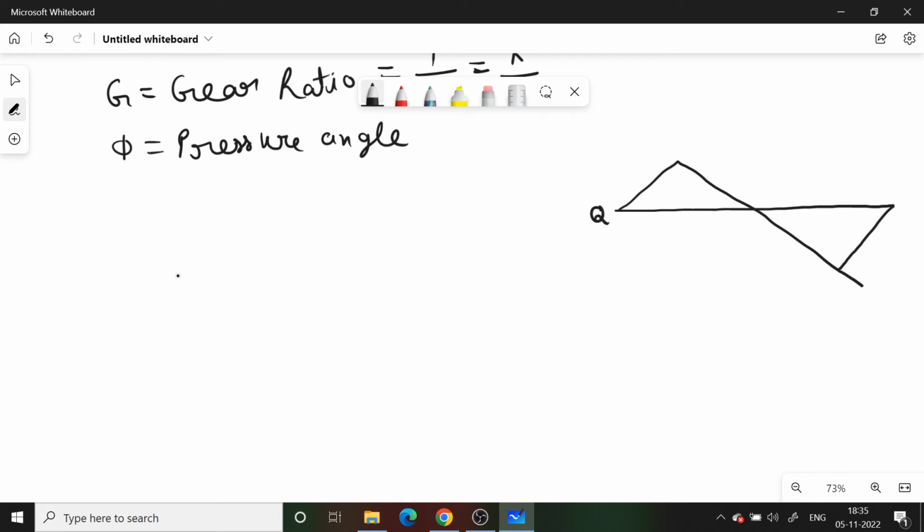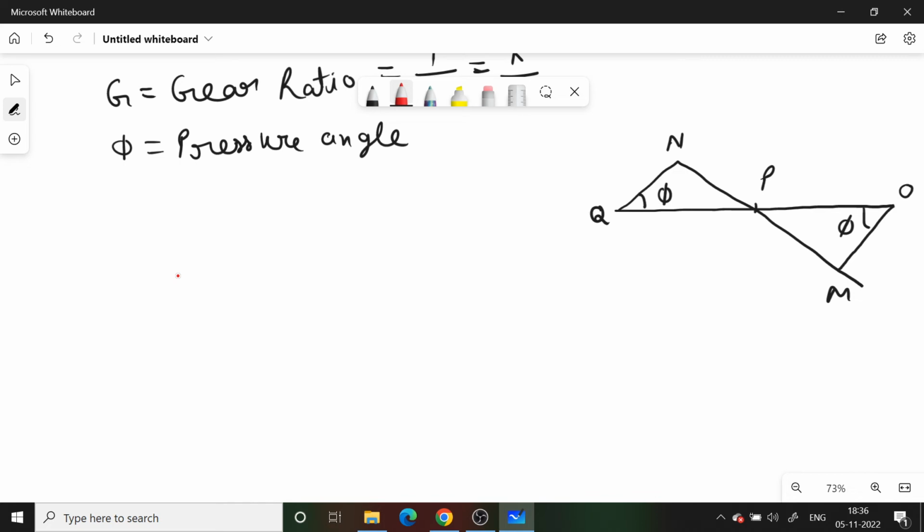This is the point Q, this is the point N, this is the point M, this is the point O, and this is the point P. This angle is phi.